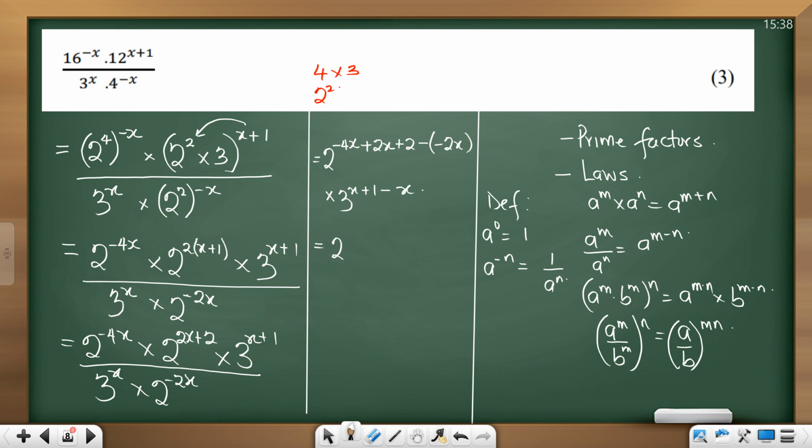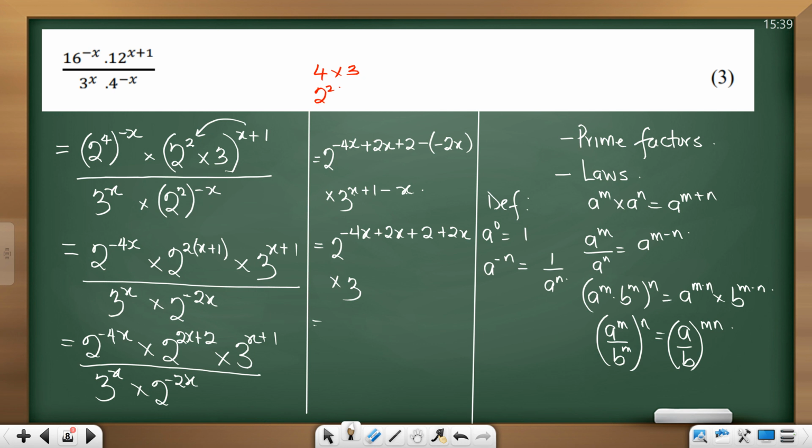So, negative 4x. Plus 2x. I hope we are all okay so far. Plus 2. Now, negative times negative is plus what? 2x. Times 3. x minus x would simply go.